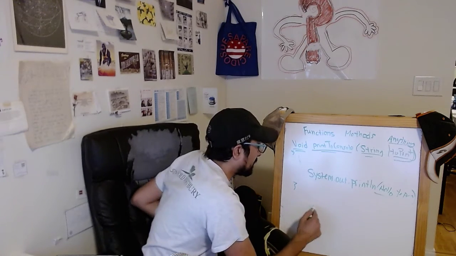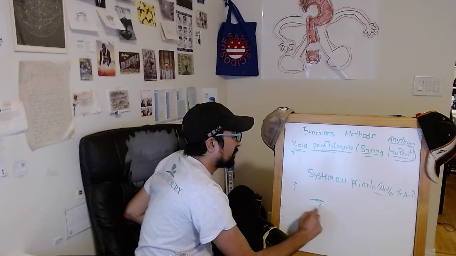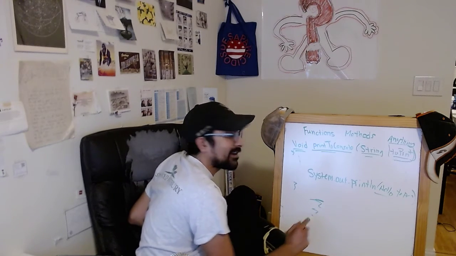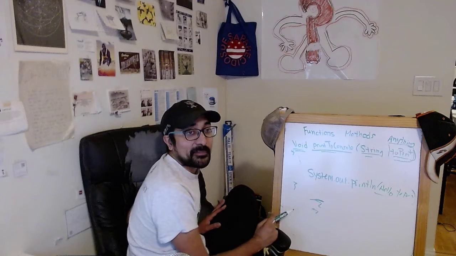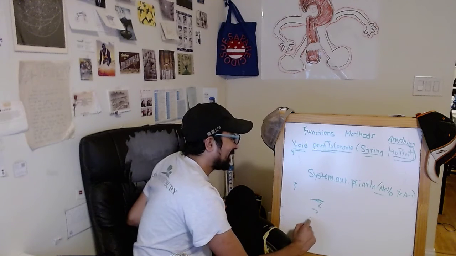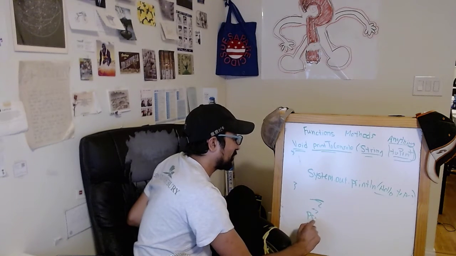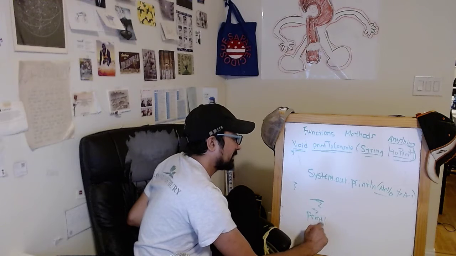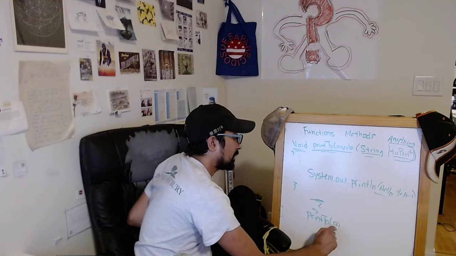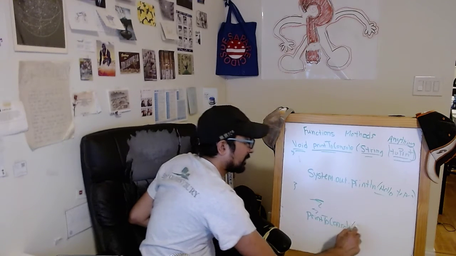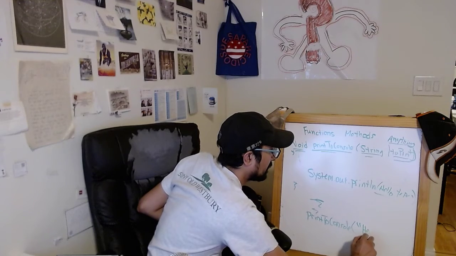Let's invoke this together, okay? Somewhere we're going down our code and we say, you know what? It's time to print to the console, right? And so we write print to console, hey, okay?